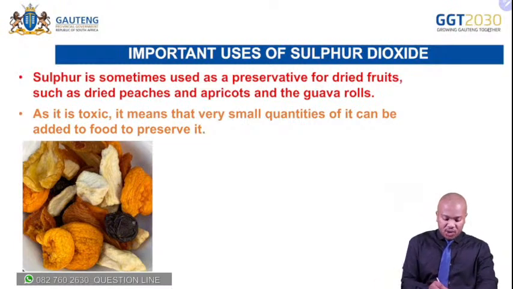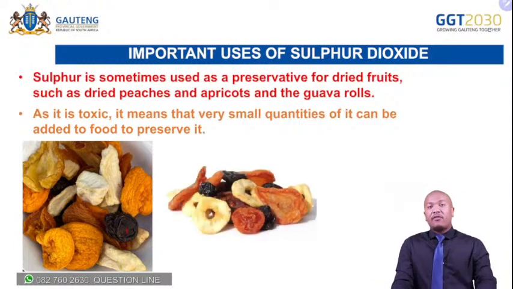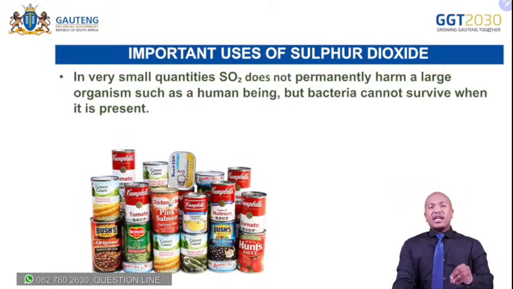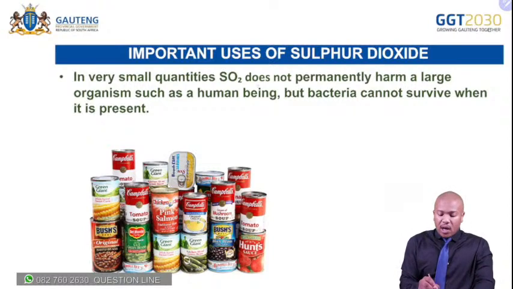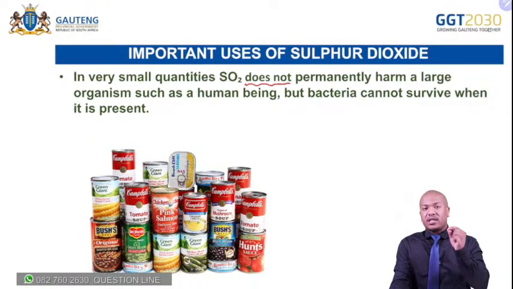We are familiar with this one here, our raisins, our peaches, and so on, right? Here's another example of our dried fruits which are preserved using sulfur dioxide. Also, in very small quantities, right? In very small quantities, sulfur dioxide does not permanently harm a large organism. Hence, I said it is required in small quantities, right?